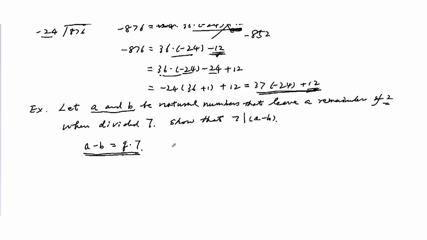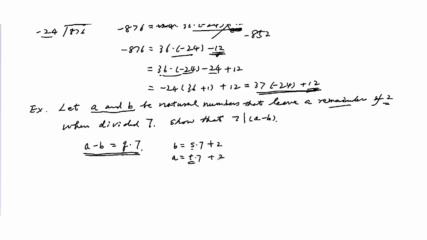So then, based on the division algorithm, say B is divided by 7, then the remainder is 2. So you have a quotient, say s, times 7 plus 2, right? Similarly, A divided by 7, then you have another quotient, t, and the remainder is also 2.